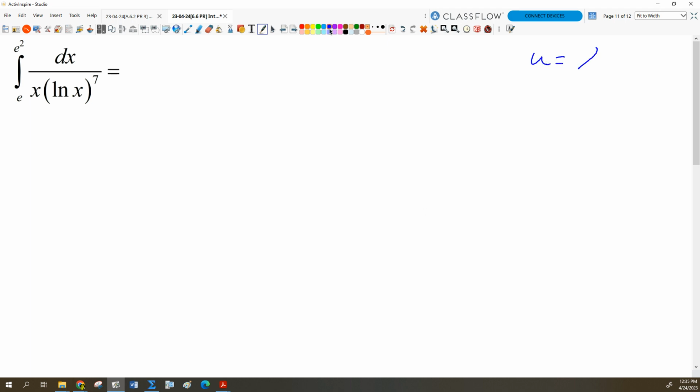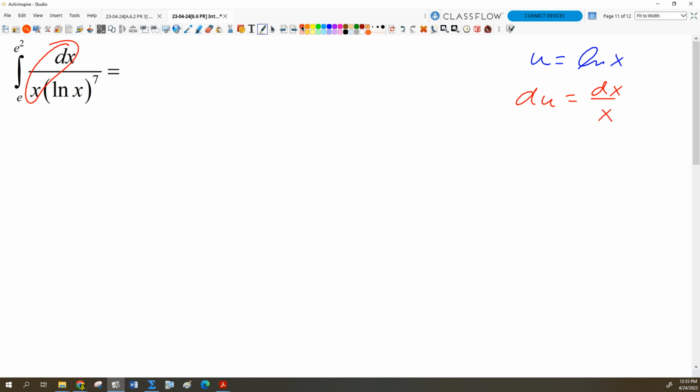u equals log x. So du equals what? 1 over x. So I can just call that dx over x, right? So there's my du, and there's my u to the seventh, right?